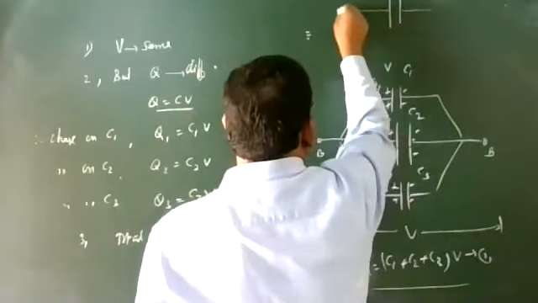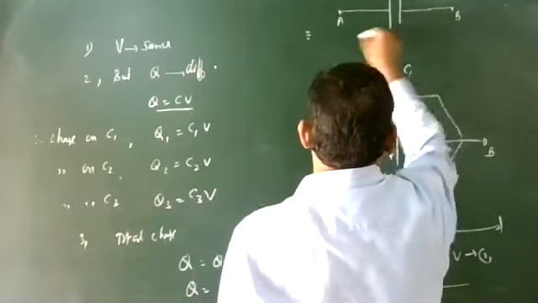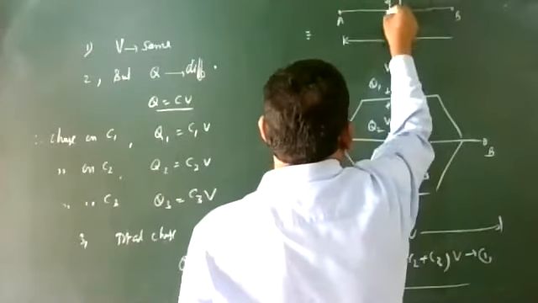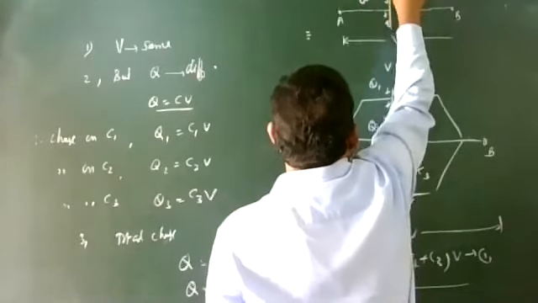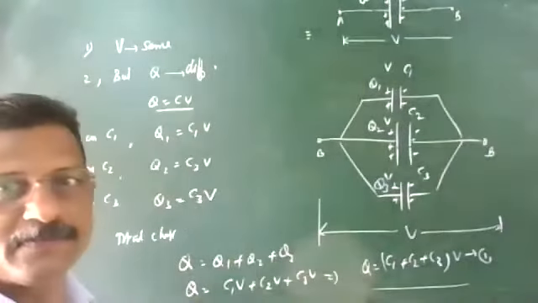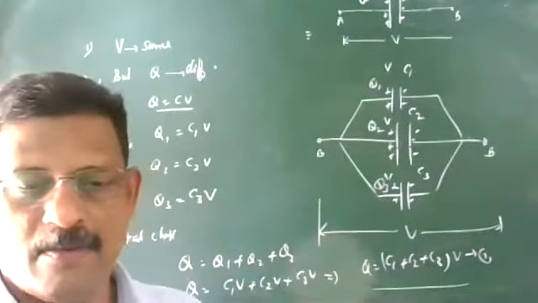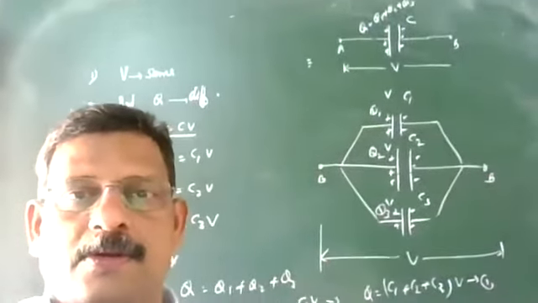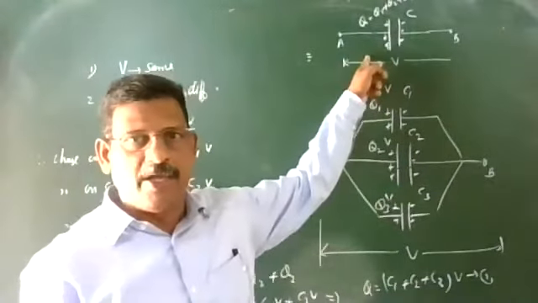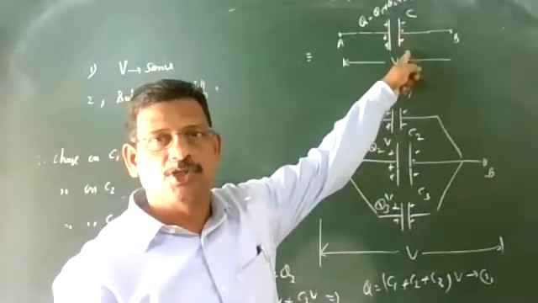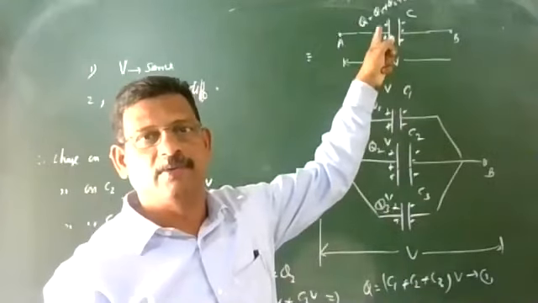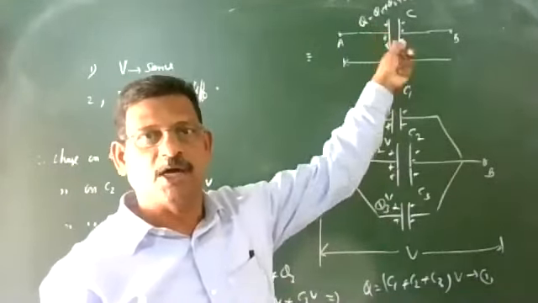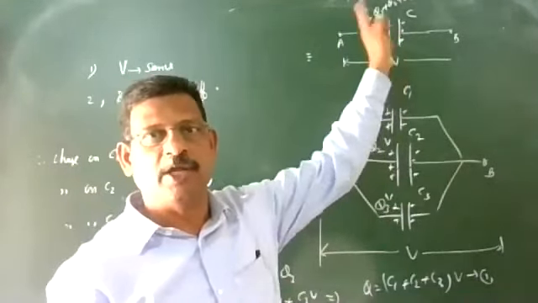This capacitor is called the equivalent capacitance when you connect it between the points A and B under the same potential difference V. The charge on it should be Q, which is the sum of the charges on the individual capacitors Q1, Q2, Q3.